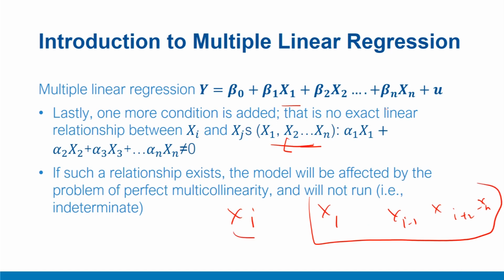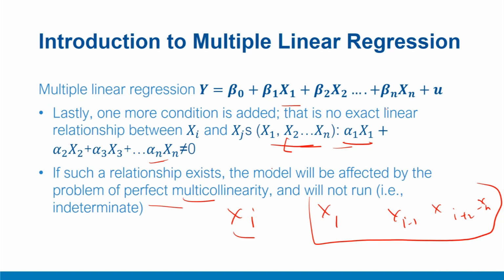That means there cannot be any function of this form: alpha 1 x1 plus alpha 2 x2 and so on up to alpha n xn, which is equal to 0. That means any one of these variables cannot be expressed as a linear combination of the other independent variables. If that were to happen, this is called perfect multicollinearity. That means if there is a solution to this equation, it represents multicollinearity.